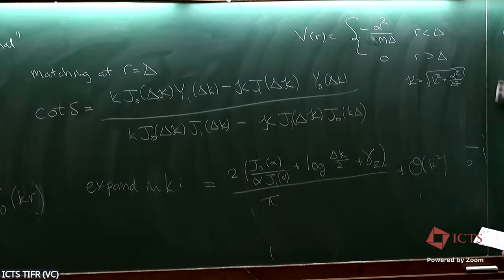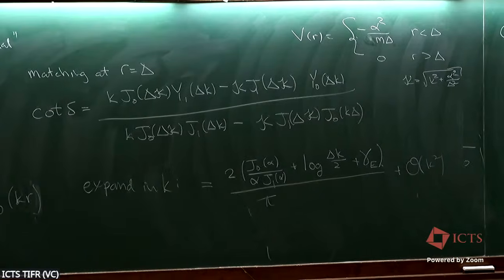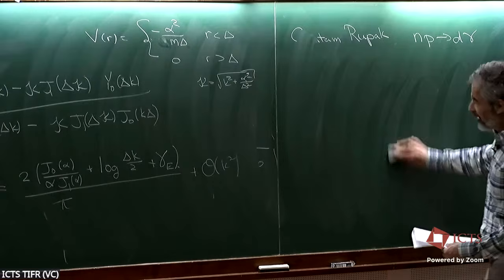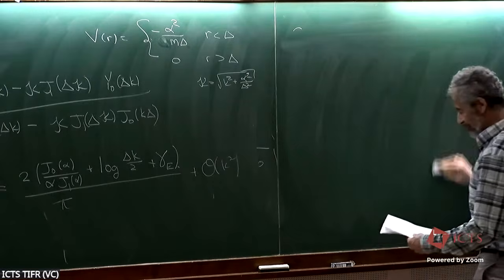In particular, we find that cotangent delta goes to minus infinity as K goes to 0.